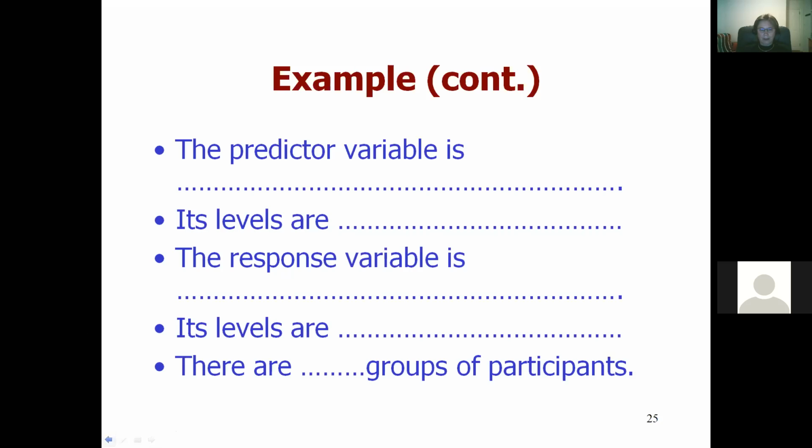The last one also is, how many groups of participants do we have in this study? That has to do with the levels of the predictive variable, right? We just answered that question.